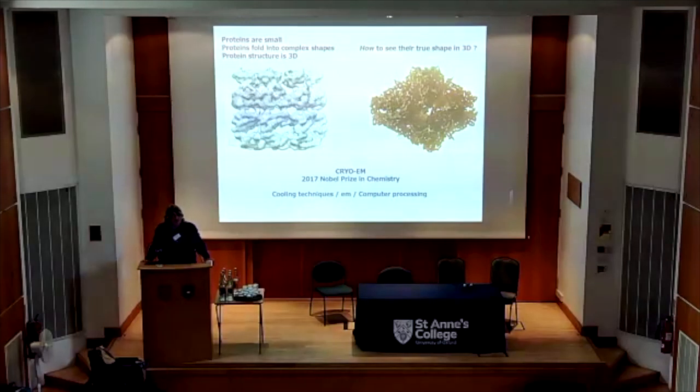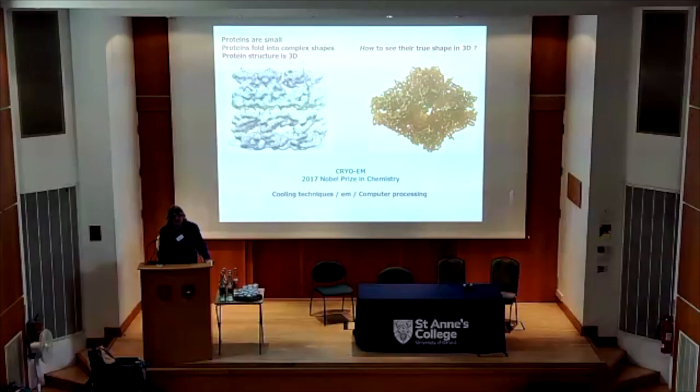Well, now I'm going to go off into things I know nothing at all about. Proteins I know are small, they fold into complex shapes, and they're 3-dimensional. So how on earth can you see their true shape in 3 dimensions? Well, there are various techniques, but the 2017 Nobel Prize in Chemistry was awarded for cryo-EM, which, as you might expect, is cryo, cooling techniques, EM, electron microscopy, and because it's the 21st century, huge amounts of computer processing.